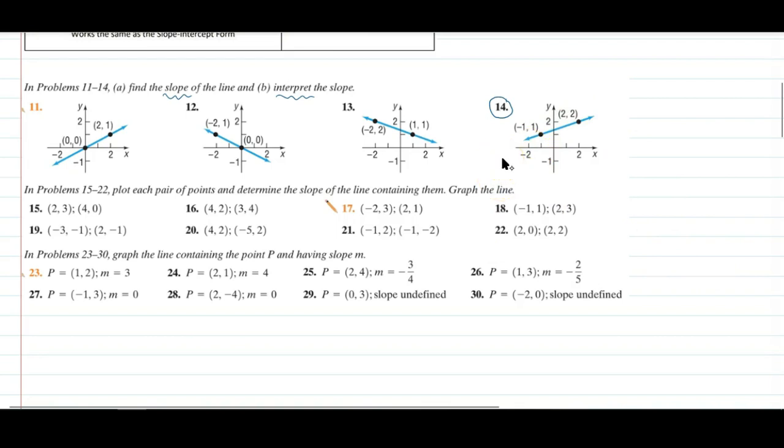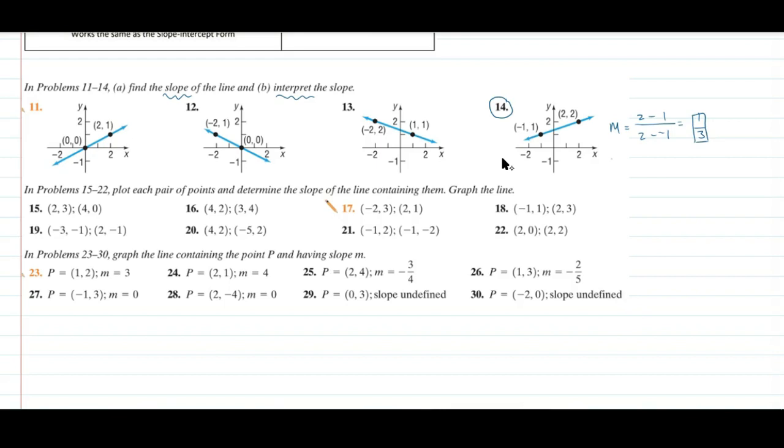But for number 14, what we can say is the slope of this line is going to be 2 minus 1 divided by 2 minus negative 1, which is 1 over 3. All right. Now what does that mean? Is it really important for you to interpret it?